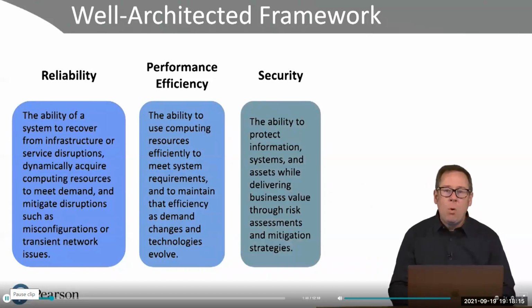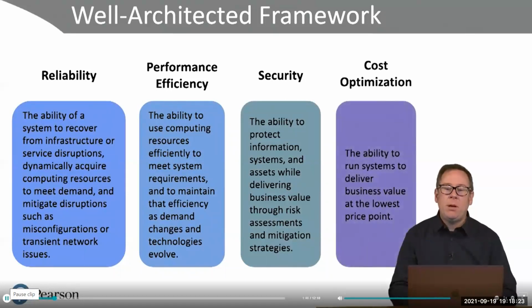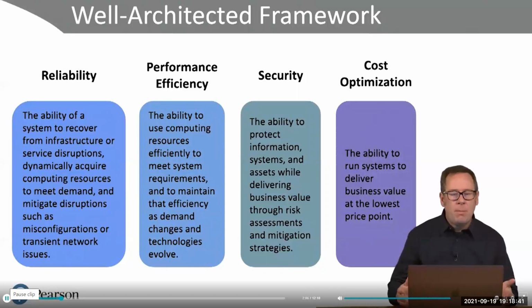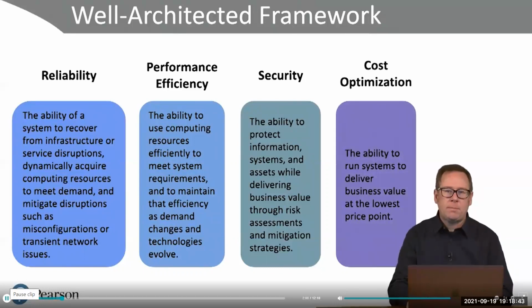Security is an important enough standalone topic that there is an entire certification dedicated to it. The fourth pillar is cost optimization, the ability to run systems to deliver business value at the lowest price point. Cost optimization is one of the hardest areas to get right in AWS because it's hard to optimize for cost without compromising other areas.